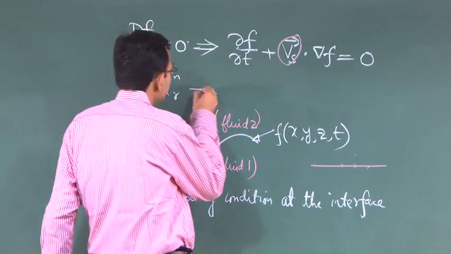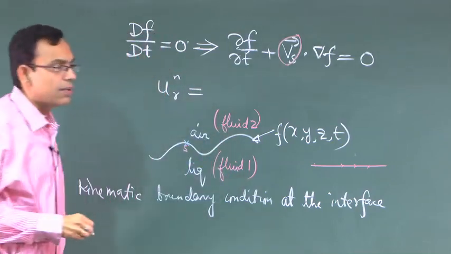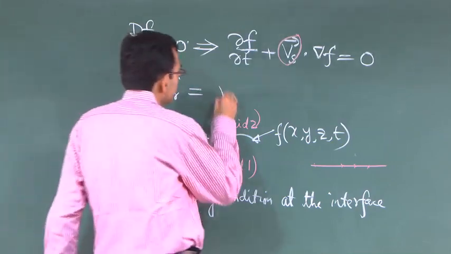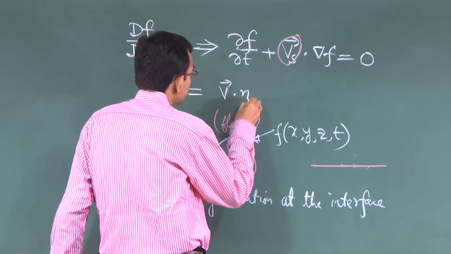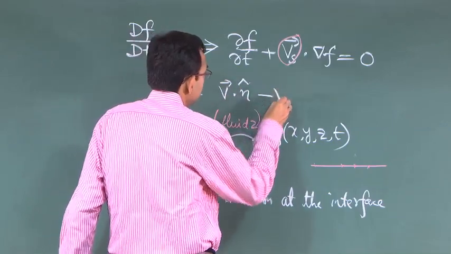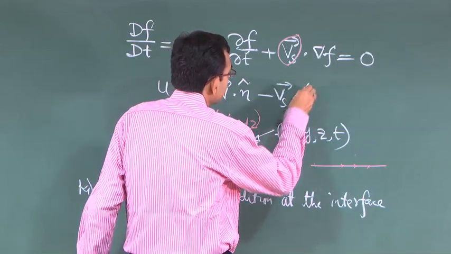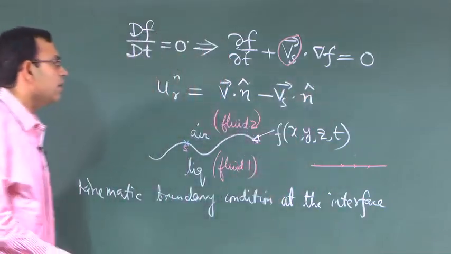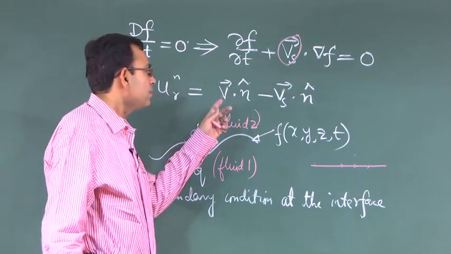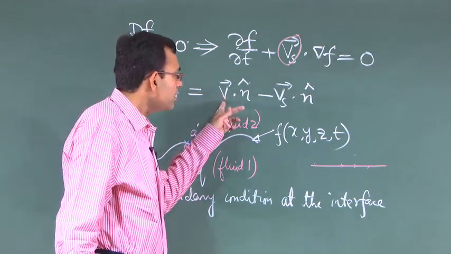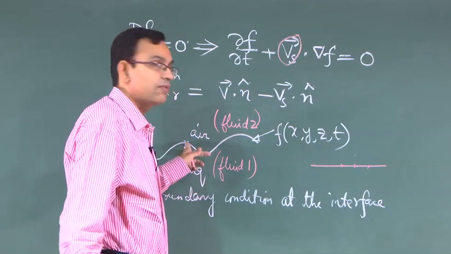That is basically the velocity of fluid relative to the point on the surface.